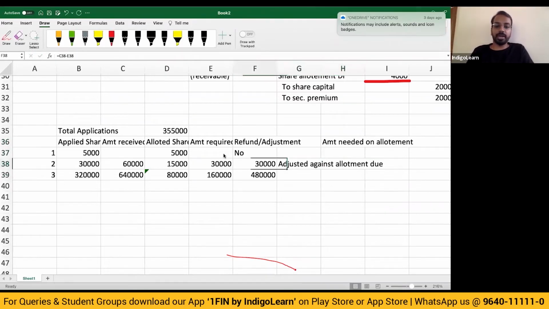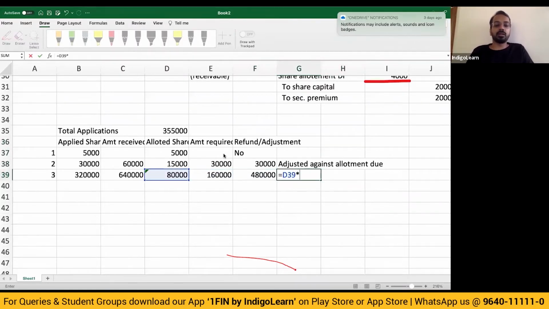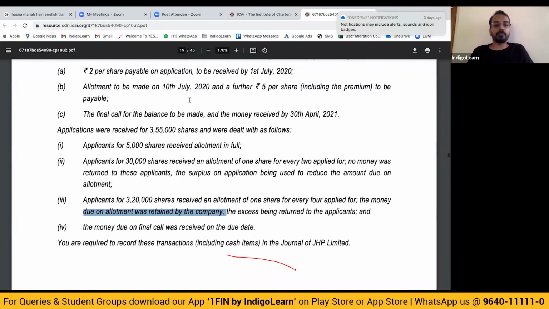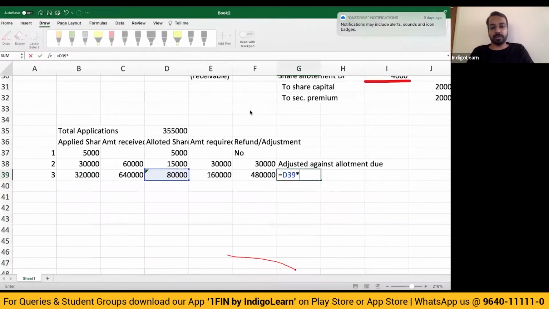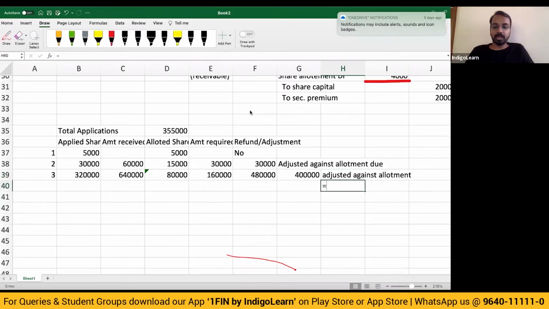For 80,000 shares, what is the amount needed on allotment? 5 rupees per share. So 4 lakhs is adjusted against allotment, and whatever is the extra amount, 4,80,000 minus 4 lakh, 80,000 is refunded. Are we clear?